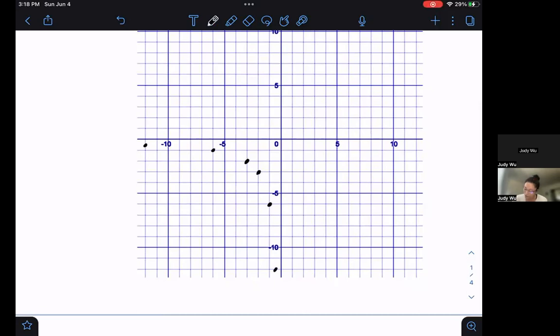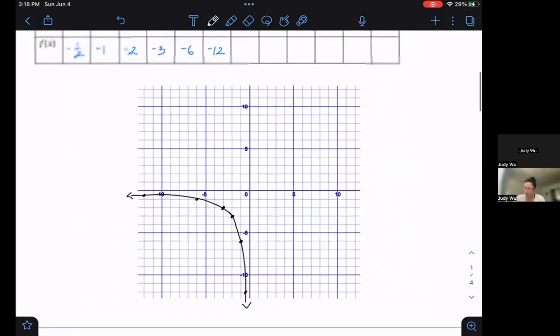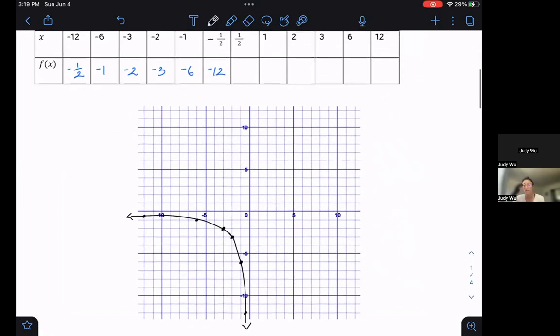Now, it turns out that these 6 points actually make one of something we're going to call branches of our graph, all right? So what we have here is the first branch of a reciprocal function.